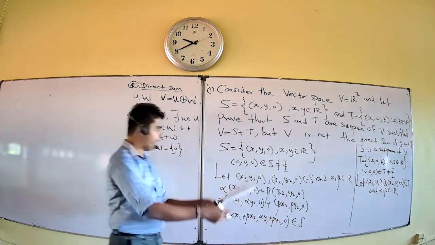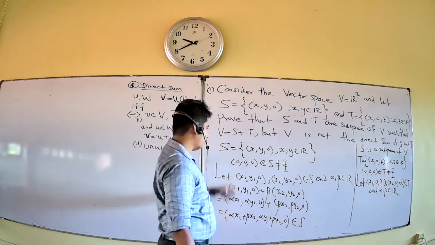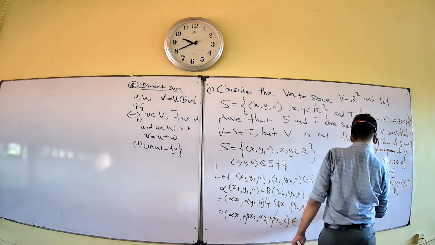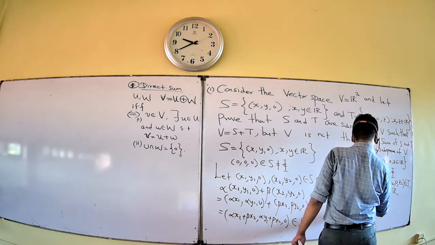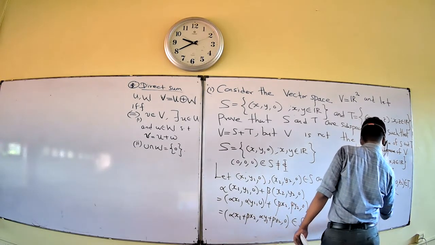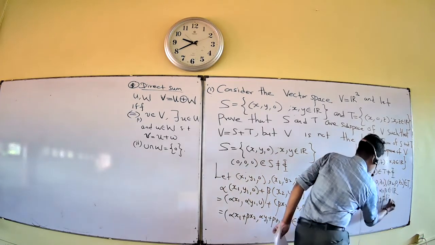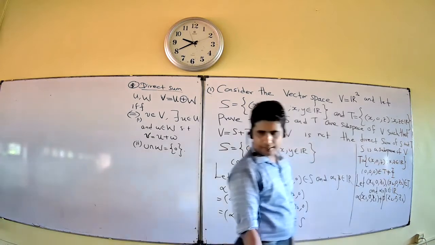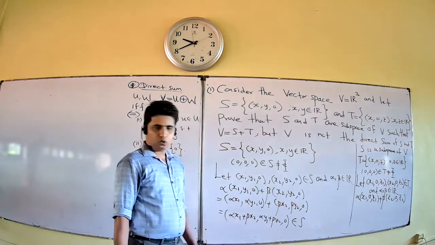So you can verify it like this. You want to check this axiom. You take alpha times (x1, 0, z1) plus beta times (x2, 0, z2).